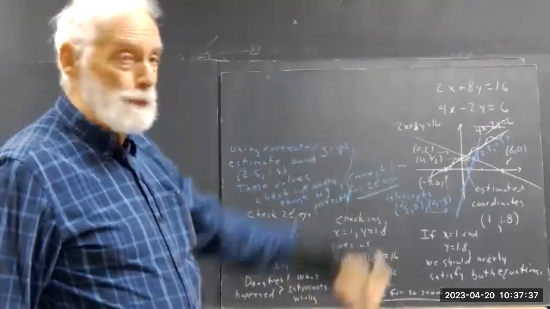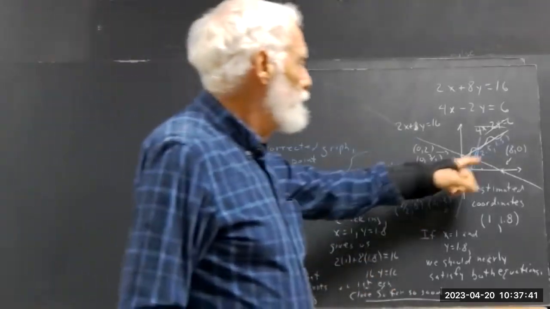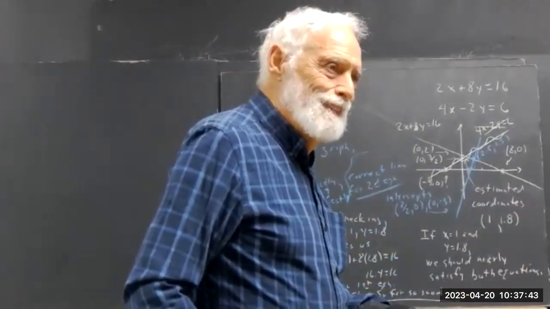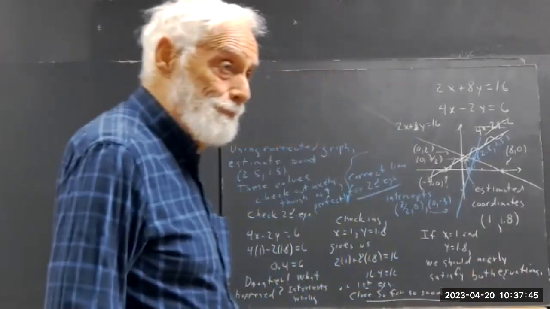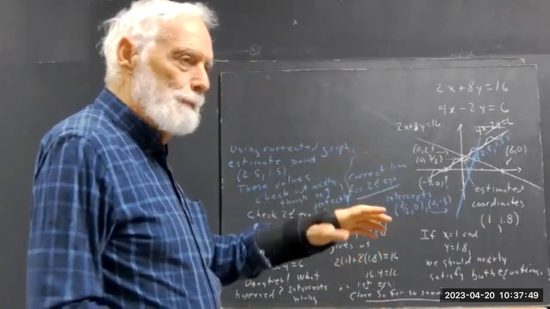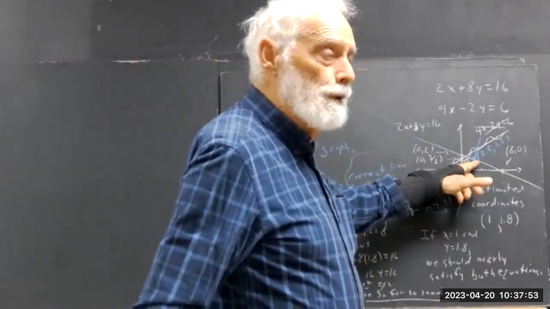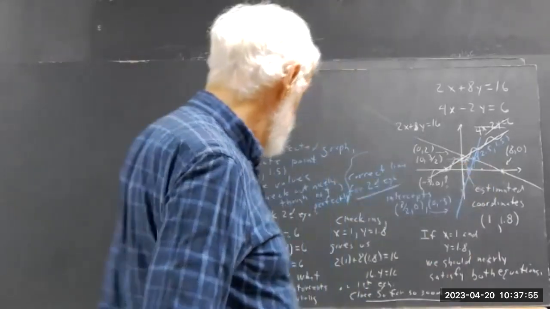I get 17 equals 16, I get 7 equals 6. If both these values are a little bit less, could be closer. But maybe one needs to be a little bit bigger, doesn't matter. We've got a pretty good idea what the solution ought to be.